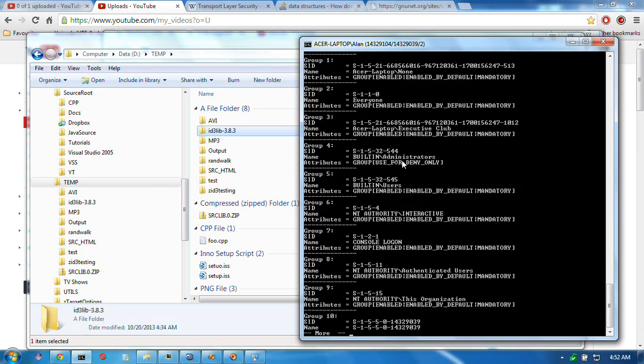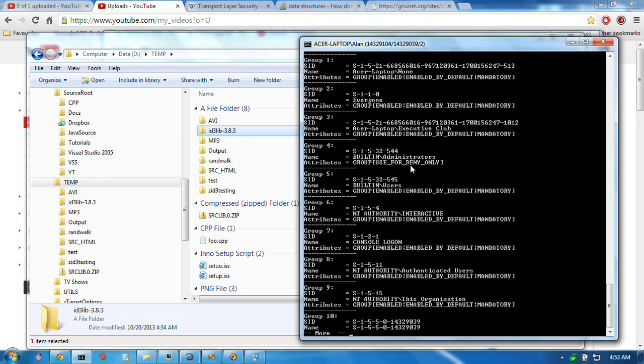That group has that flag. So now, what this flag means is that this entry in my access token is available for the use of denying, and I've tested that.